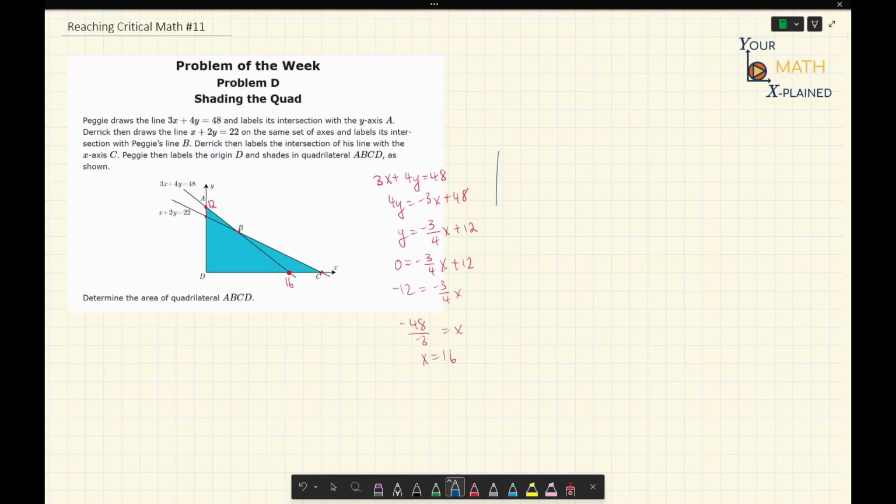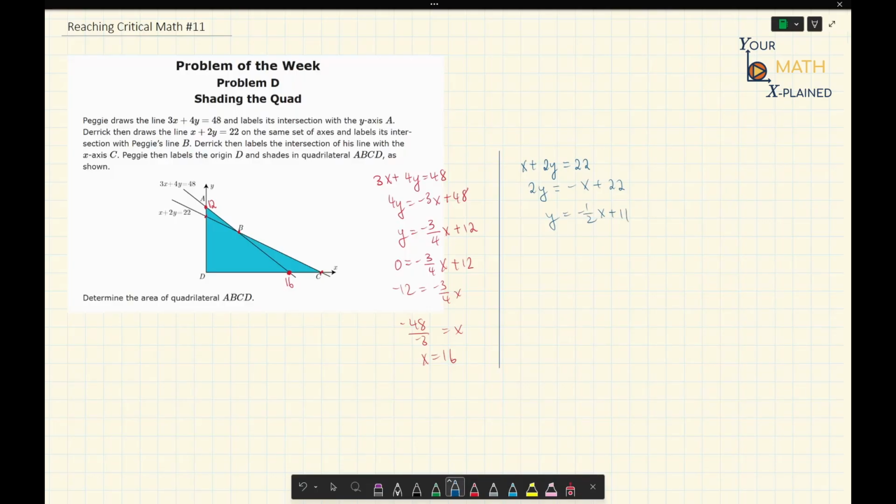Now we're going to switch gears. Let's use the other line, so the less steep one. So we've got x plus 2y equals 22. We're going to follow the same process to isolate y, and we'll get negative 1 over 2x plus 11.